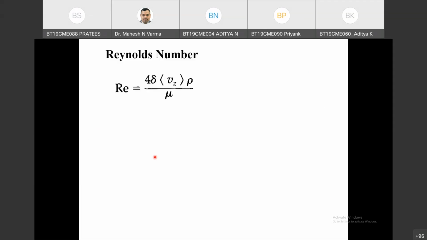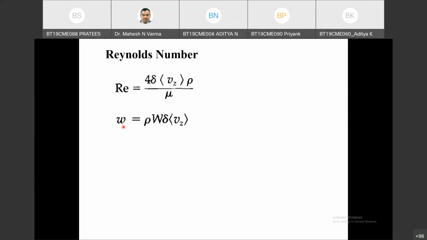Now to get the Reynolds number, this Reynolds number is 4 into delta into average velocity into density divided by mu, and average velocity into cross sectional area into density is the mass flow rate, and I already have the mass flow rate. So I can substitute that here.